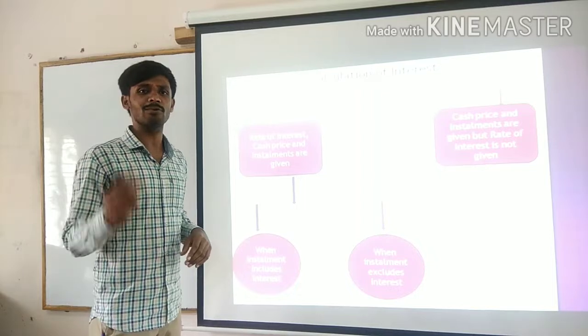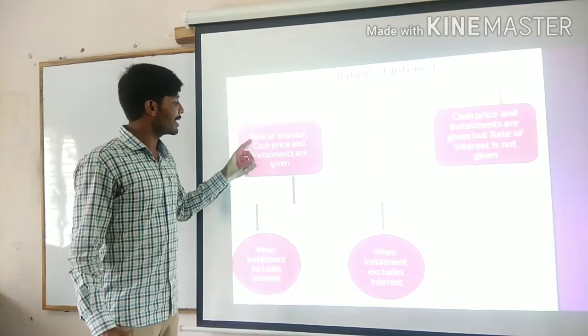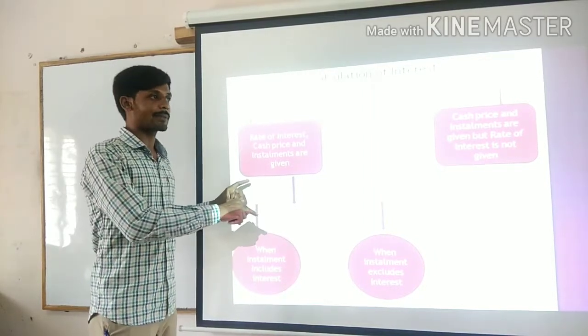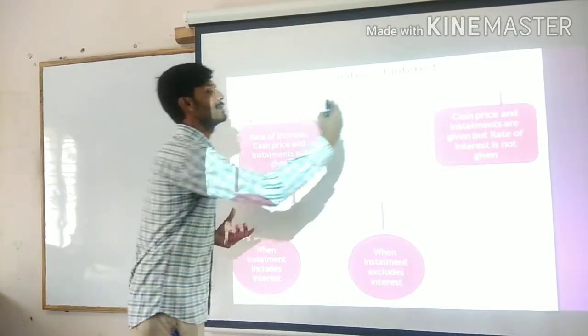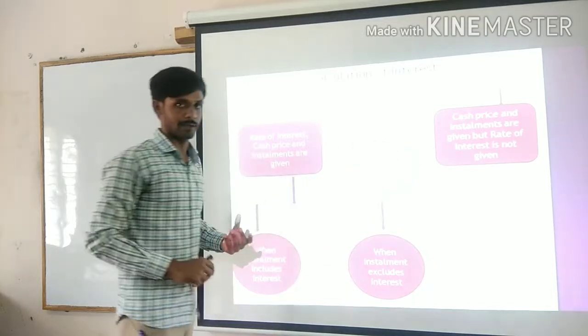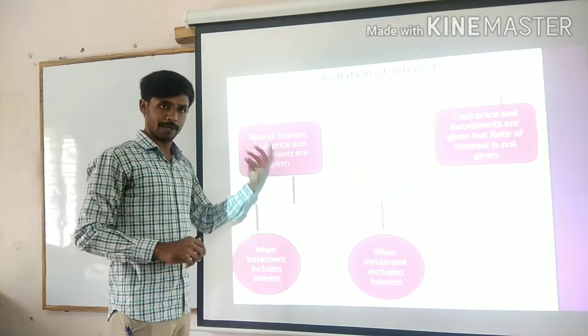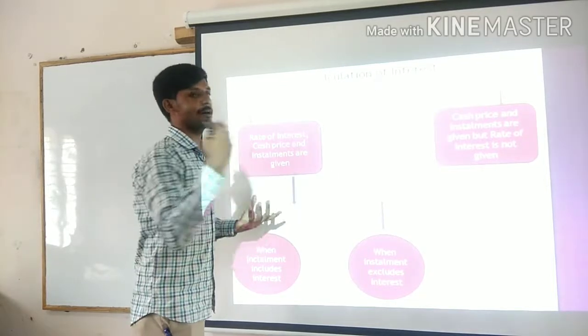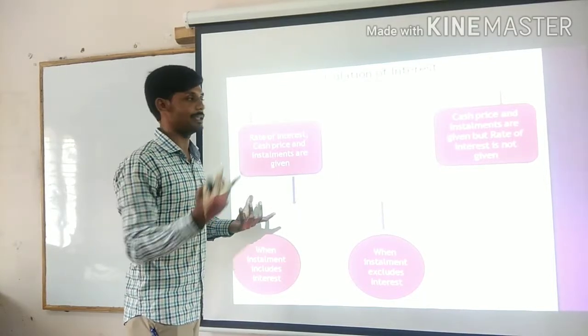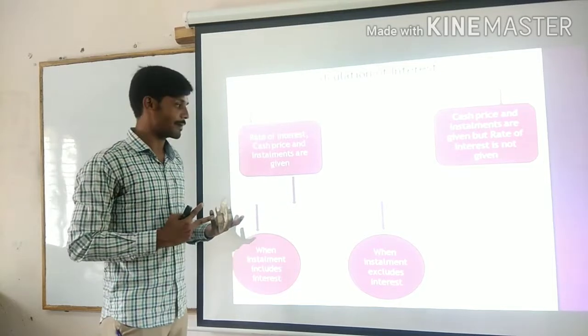In this, we have two major categories: when the rate of interest is given, along with the cash price and installments, and when the rate of interest is not given. Okay, these two cases we need to understand.